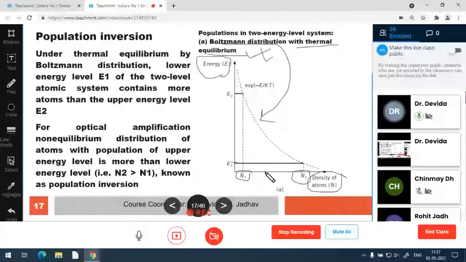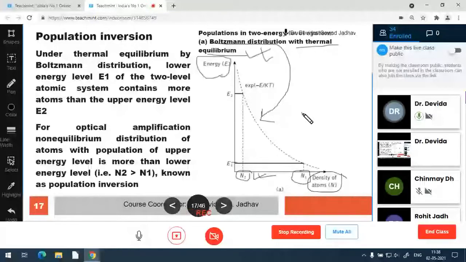For radiation of optical energy, we require atoms in the higher energy state, the conduction energy, because atoms transit from higher to lower energy by emitting a photon. If you want photon emission, atoms must be in the higher energy state. But the number of atoms in the higher energy state is small, so this does not support photon emission much, and very few photons are made available for emission.